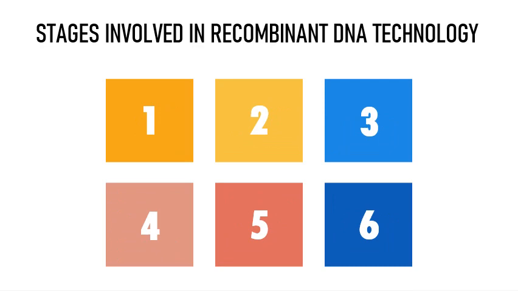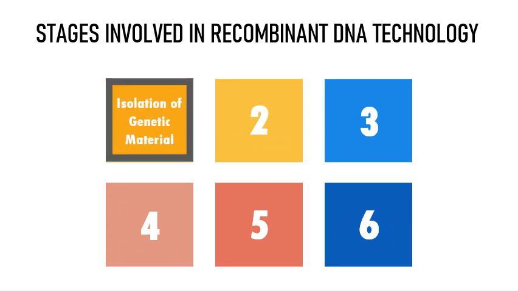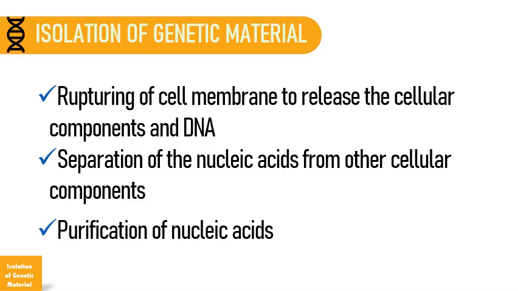Now let us study the first stage, that is isolation of DNA or genetic material. The first step in recombinant DNA technology is to isolate the desired DNA in its pure form. That is, it should be free from other macromolecules.